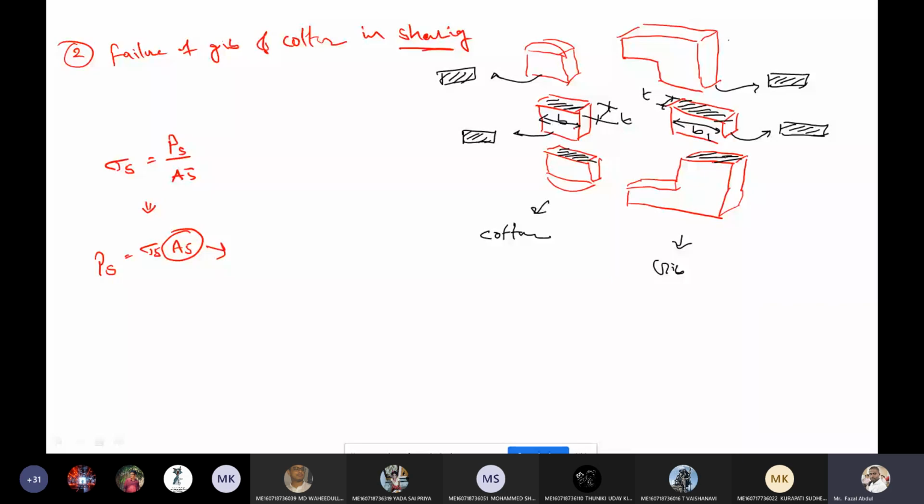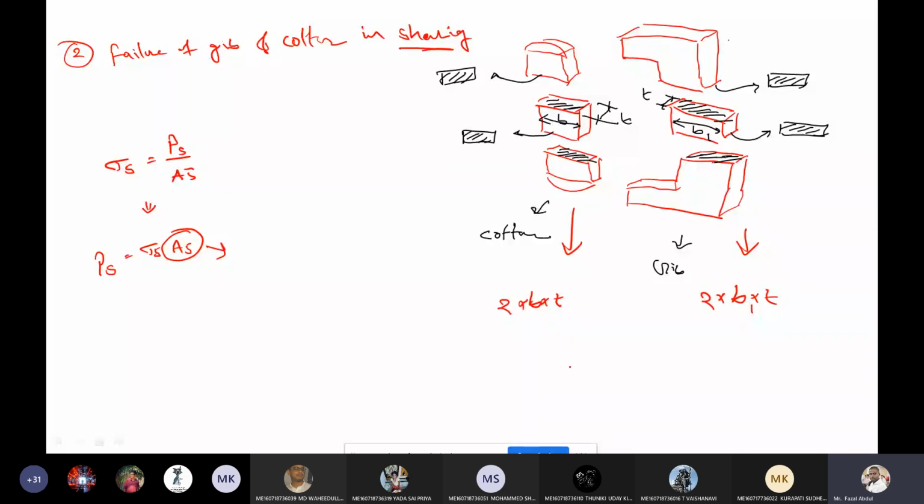For this particular element, the failure area is B into T. Now the failure area we are observing on two sides, so I am multiplying with 2. For the gib, the failure area may be written as B1 into T, and because this failure area is generating on two sides, I am writing the 2 here.